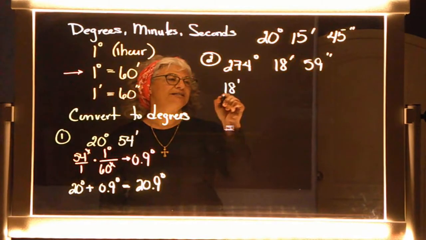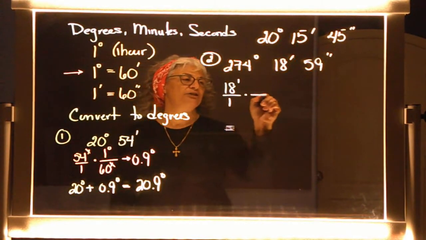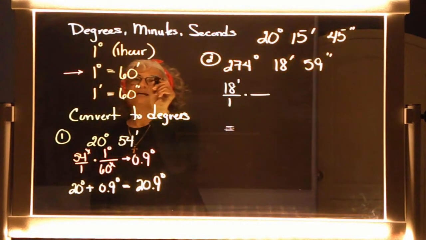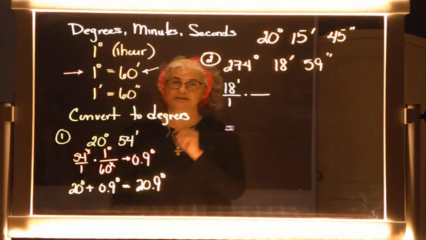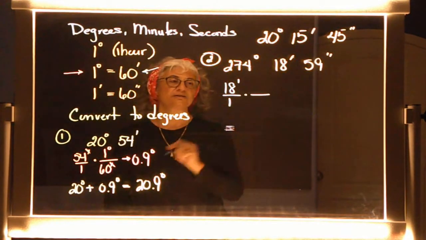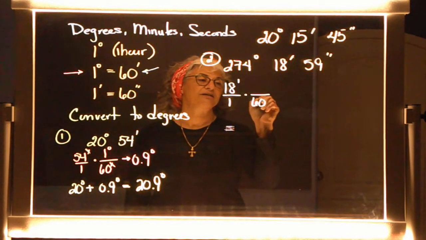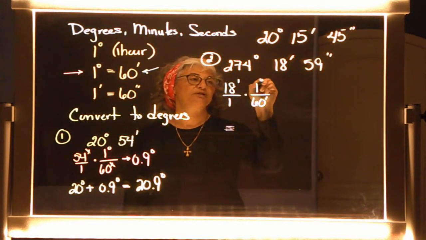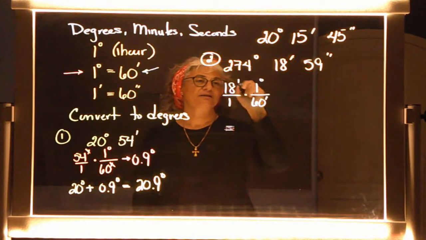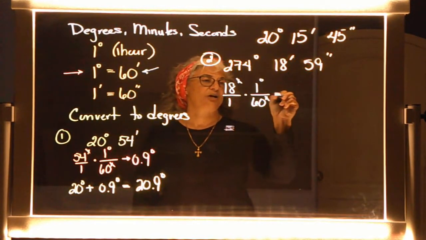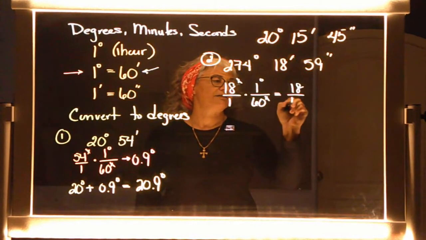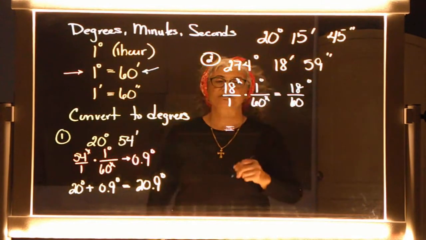So I know 18 minutes. To convert it to degrees, again, there's my conversion. So what goes on the bottom? Yeah, the 60 minutes goes on the bottom, the 1 degree goes on the top, doesn't it? Minutes cancel from top to bottom, so I have 18 over 60 degrees, don't I?